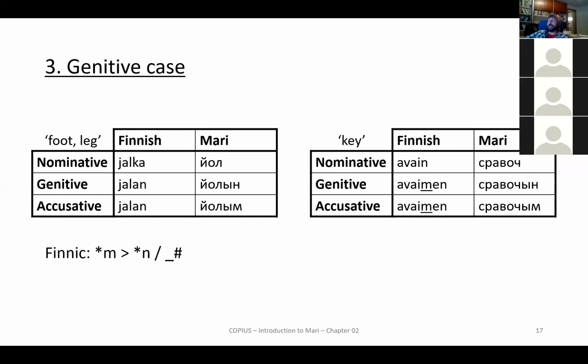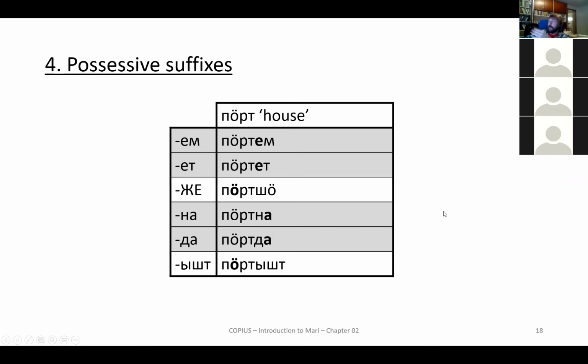Outside of very new loanwords and names, Finnish doesn't allow an M in word-final position. Finnish phonotactics basically ensure that these two cases fall together, but in Mari they remain distinct.